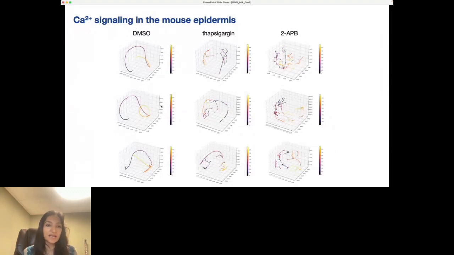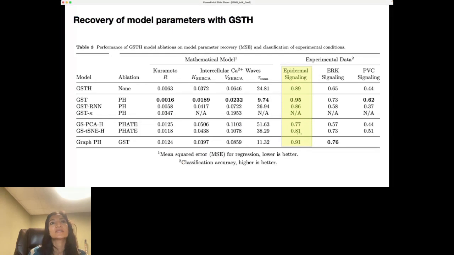So how do we test the ability of GSTH to actually make these conclusions? Again, we have to do them with simulated mathematical models. So we have different mathematical models like the Kuramoto model, intercellular calcium signaling models, and we've tried different methods as well as replacing parts of GSTH. So we've replaced the persistent homology with an RNN.